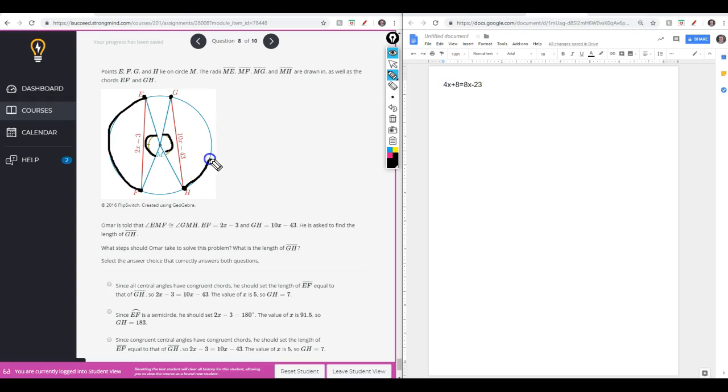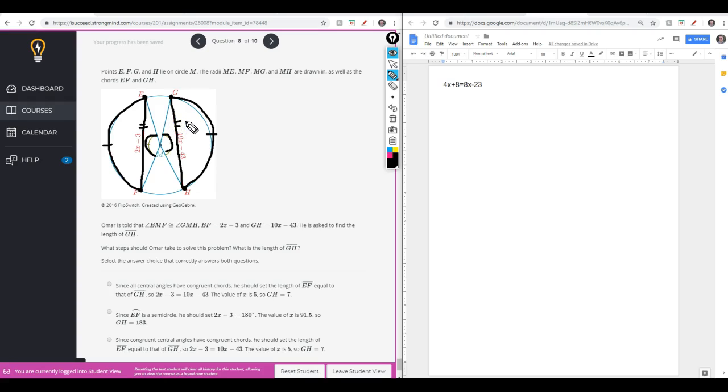We know that central angles have the same measure as the arc lengths that they cut off, so these two arc lengths are congruent. We also know that chords that cut off the same arc length are congruent, so GH is congruent to FE because they cut off congruent arc lengths.